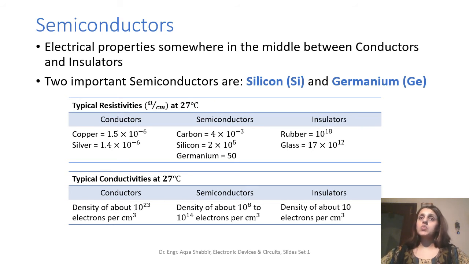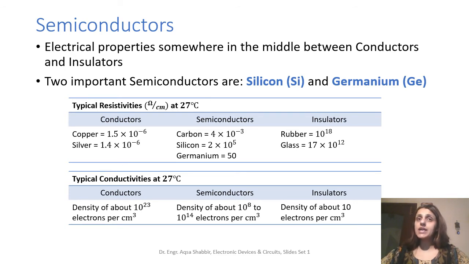Whereas silicon, which is a semiconductor, has a relatively higher resistivity, approximately 2 into 10 raised to power 5 ohm-centimeter. Now, rubber, which is an insulator, has a very high resistivity as compared to both conductors and semiconductors. As you can see, the resistivity of rubber is 10 raised to power 18.